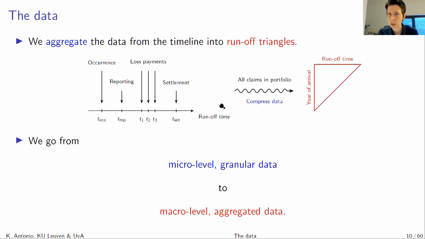Many researchers say, okay, why don't we build our reserving models directly based on these granular data? Because that's also what you would do in a life insurance context. There you would also calculate the policy values at the level of an individual contract. Historically, the techniques for claims reserving, which have become state-of-the-art and mainstream, are designed for these run-off triangles.